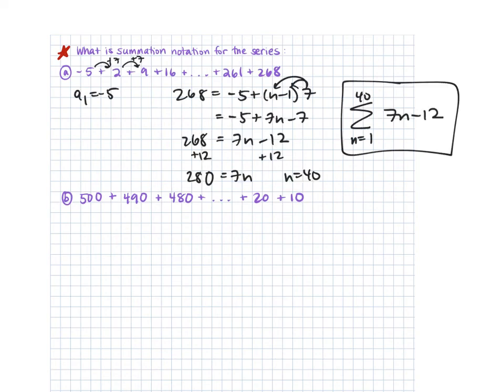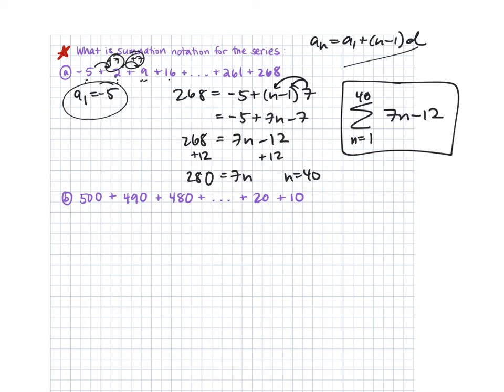Okay, hopefully you got that n starts at 1, ends at 40, and the explicit formula is 7n minus 12. We started with a equaling -5, and then if you plug it into our explicit formula for arithmetic sequences, we found that d was 7 by subtracting these terms. 2 plus 5 is 7, 9 minus 2 is 7.